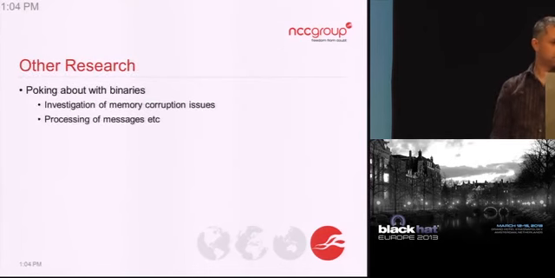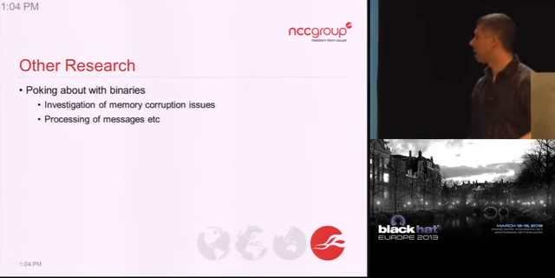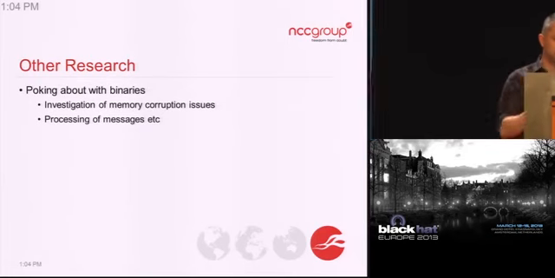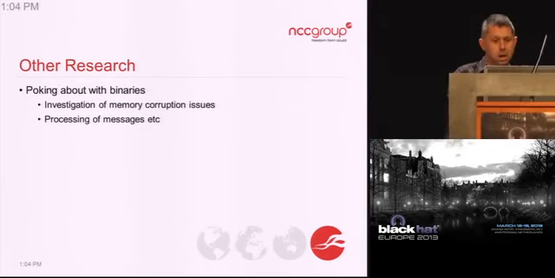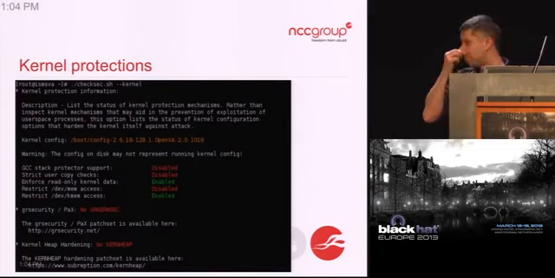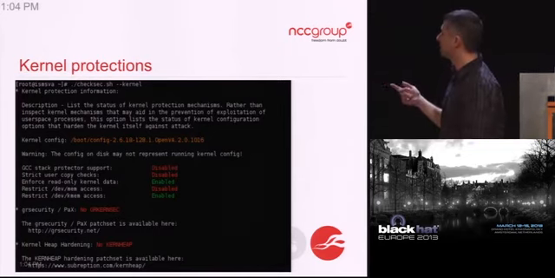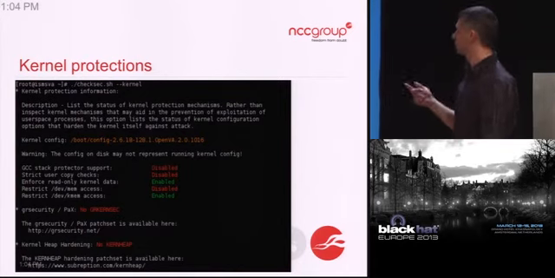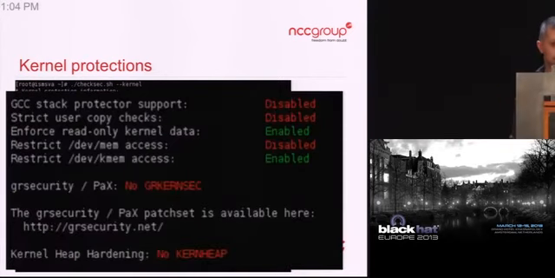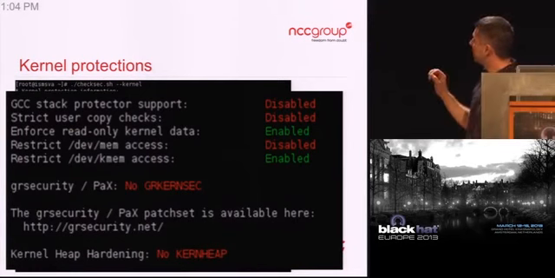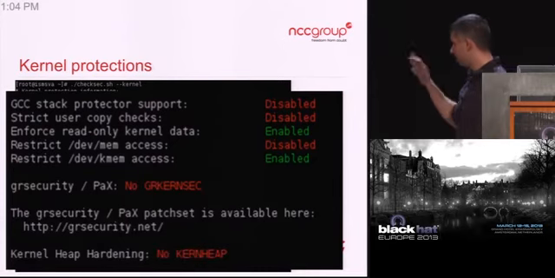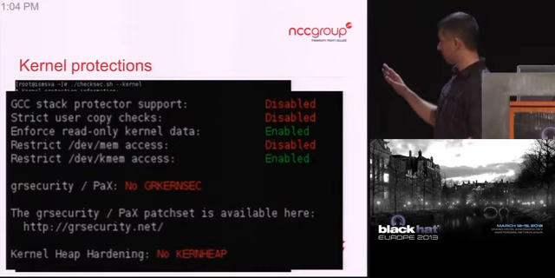More recently, I've been doing some other research, poking about in some of the appliances a little bit deeper, looking at things like protections for memory corruption. Here again, looking at the Trend appliance, a little bit difficult to see on that screen, I've got a zoom in there. Looking at the kernel protections, you can see that some of the useful things that could mitigate memory corruption issues are disabled.